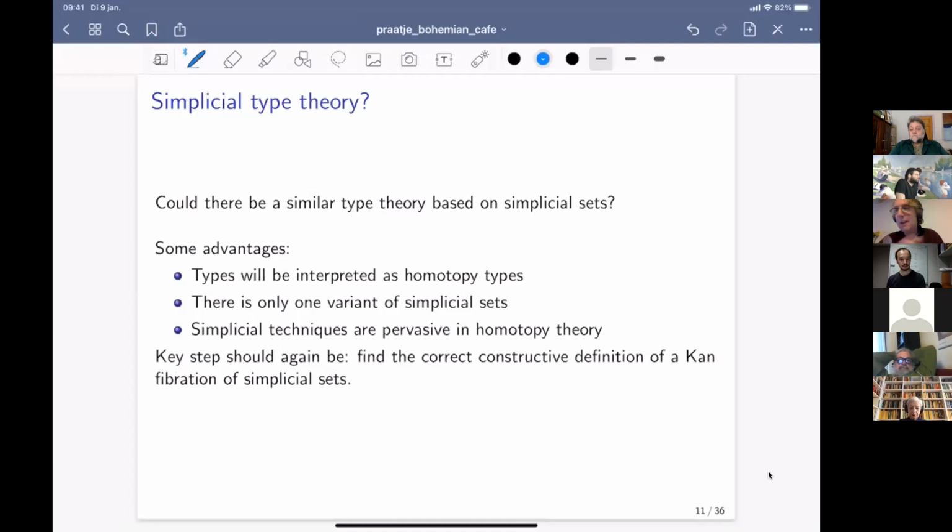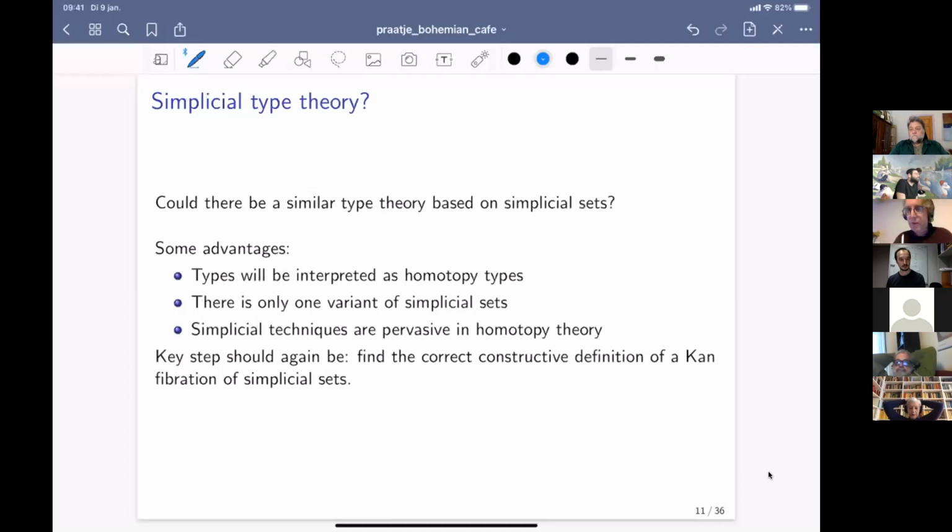which would not exist for simplicial sets. And I think maybe the main argument for wanting a simplicial type theory is that if you want to connect to the work that happens in homotopy theory, simplicial techniques are way more pervasive in the area than cubical approaches.